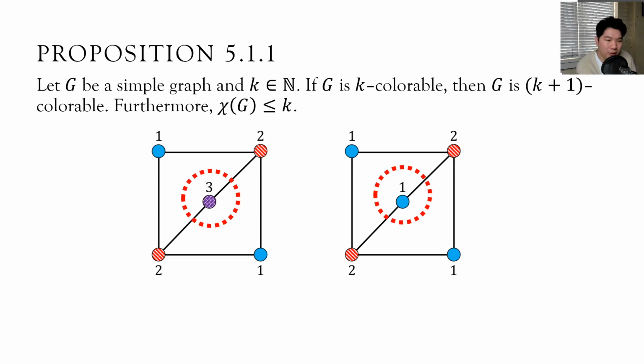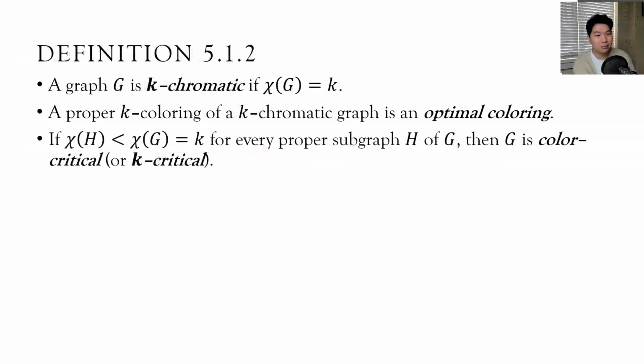All right, so now that we proved a proposition, let's go ahead and introduce some more terms. I did say a couple of them a little bit early. First, next definition: a graph G is K chromatic if the chromatic number is K. So this is just basically restating what we had earlier. K chromatic means the chromatic number is some K value.